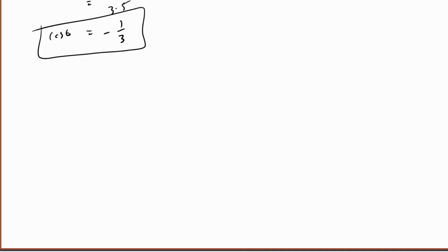Okay, letter G. So if we have two vectors, A and B, it says find the area here. Well, the area is just going to be base times height.